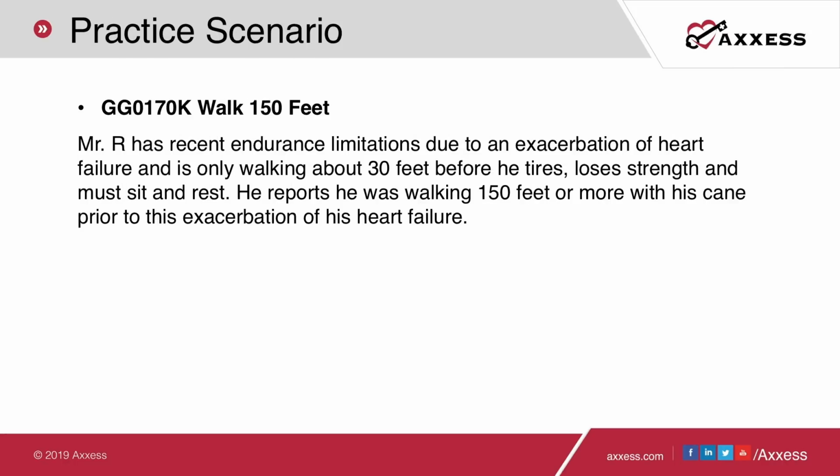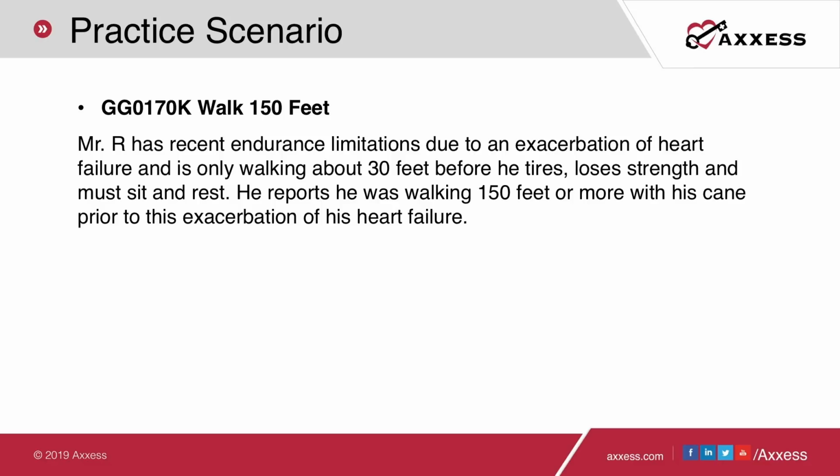So let's do a practice scenario. Mr. R has recent endurance limitations due to an exacerbation of heart failure and is only walking about 30 feet before he tires, loses strength, and must sit and rest. He reports he was walking 150 feet or more with his cane prior to this exacerbation of his heart failure.